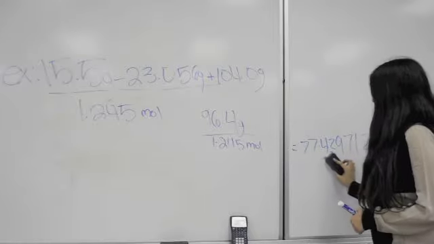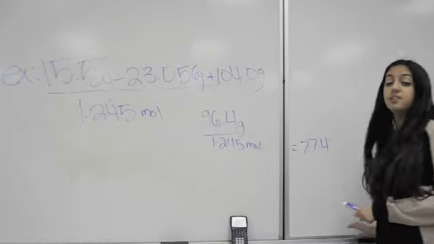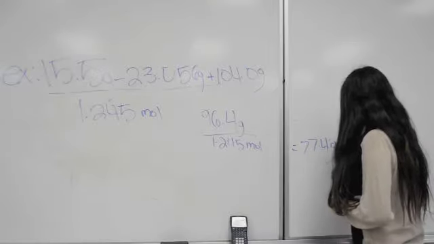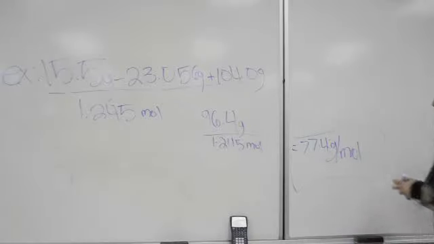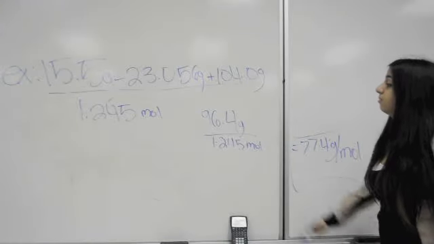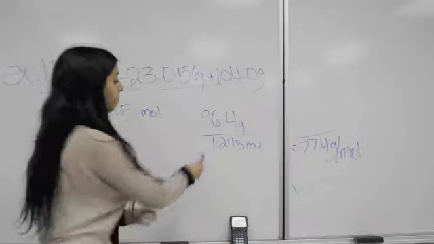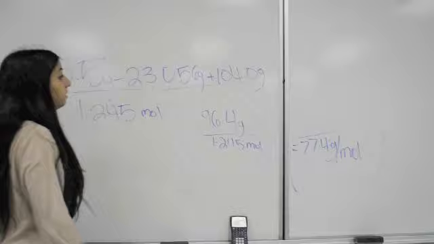So now we know that our answer is going to be 77.4 grams per mole. We have 3 sig figs here, and over here we have 3 sig figs, just as we had in our original problem when we were subtracting and adding the top part.